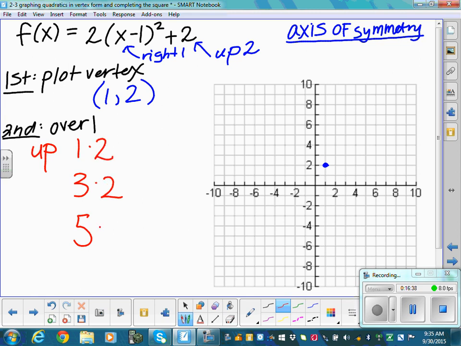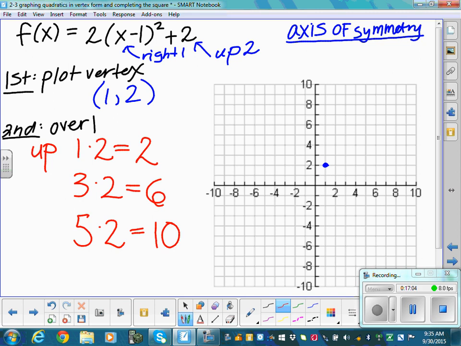So 1 times 2 is 2. 3 times 2 is 6. 5 times 2 is 10. So now we're actually going to be going over 1 up 2, over 1 up 6, over 1 up 10. Yep, times it by your a value.